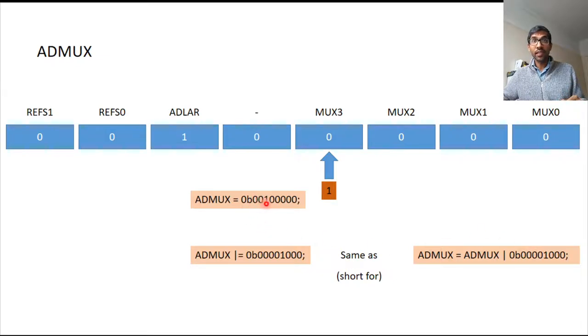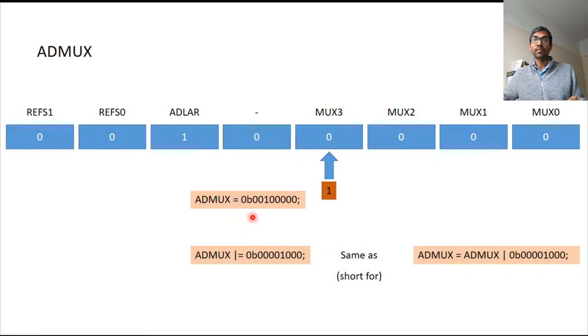And similarly here, which bit is this? Sixth bit. No, the fifth bit, right? 0, 1, 2, 3, 4, 5. Yeah, the fifth bit, you take 1, and the fifth bit here is 0. So 1 or 0 is 1, and so ADMUX will be 1.